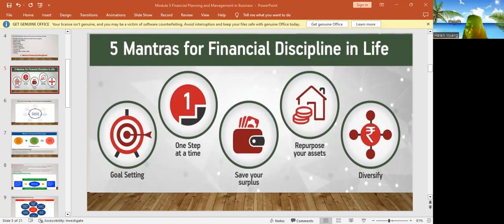To survive in that business, you must make sure that you are a goal setter. You set up a goal, one at a time, and make sure that you achieve it. Set up a goal and achieve it, and then go to the next one.